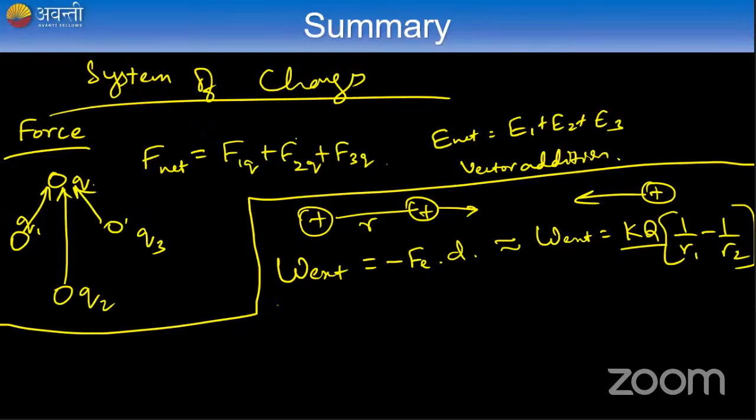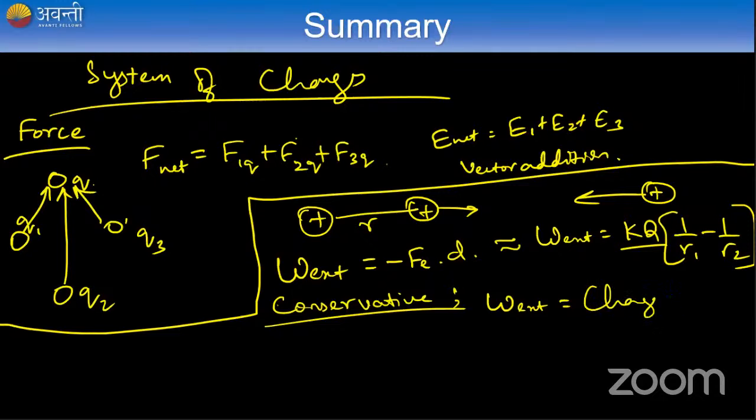Say if this force applied was conservative, what can we write this W external as? Guys, please try to respond. Please help me. So what is my W external if I had the force as conservative? This can be written as change in potential energy.